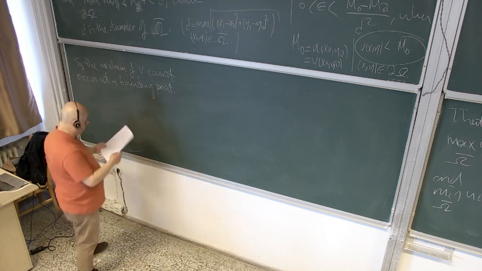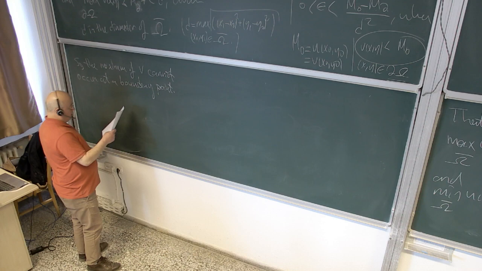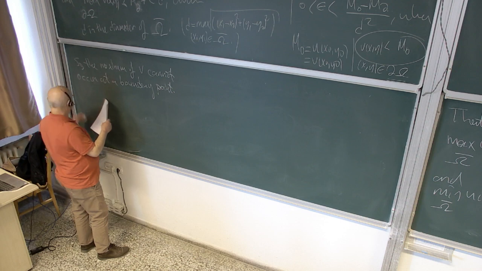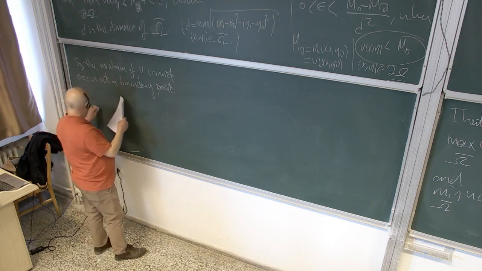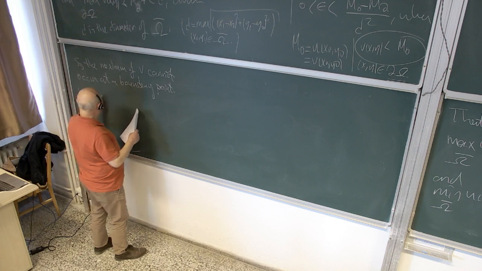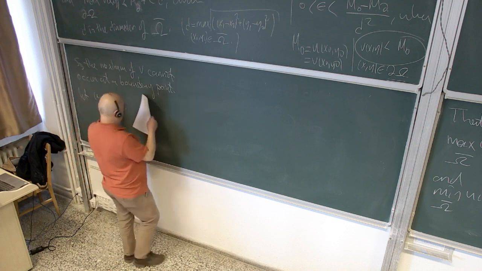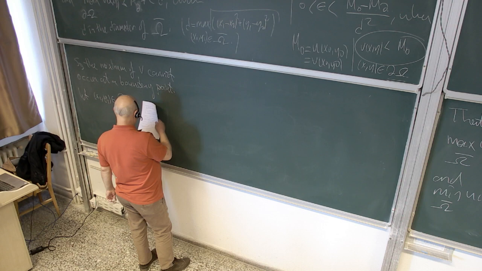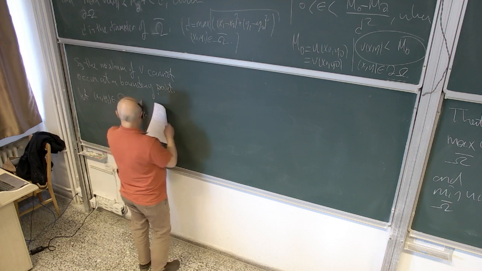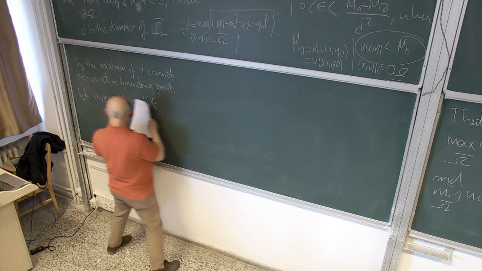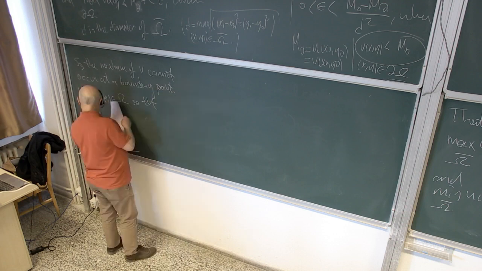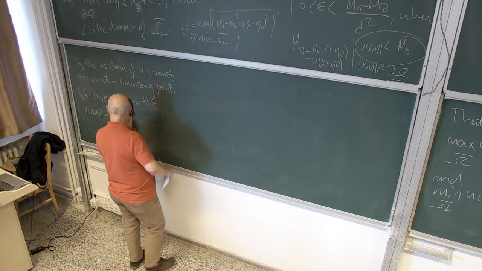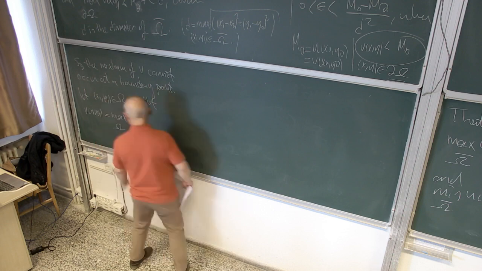Peki buradan sonra ne yapacağız? Let x1 y1, which is a point here, so that v x1 y1 is equal to the maximum of vxy inside this region. Değil mi?